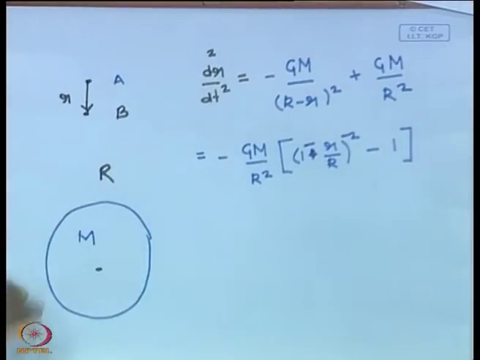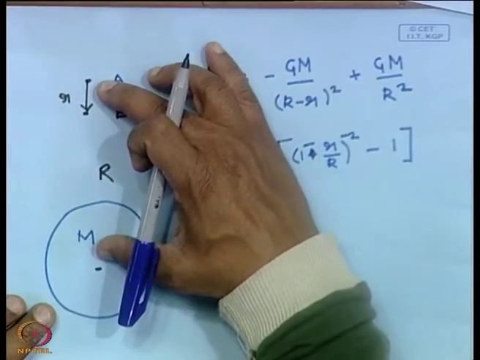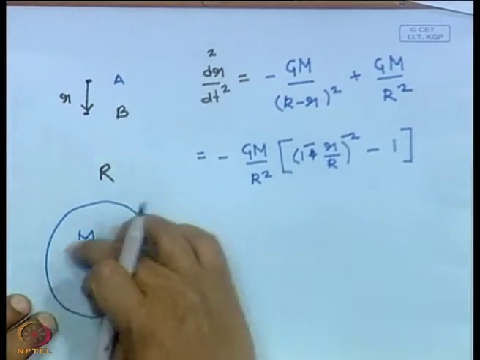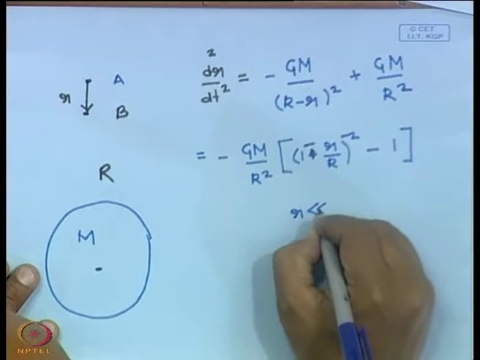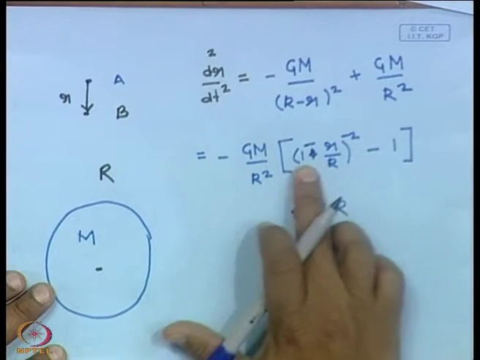Okay. And we are going to assume that this distance is much smaller than the distance of both these objects from the gravitating mass, right. We are going to assume that the small separation r is much smaller than this separation, and as a consequence of this we can do a Taylor expansion and keep only the first term in the Taylor series.